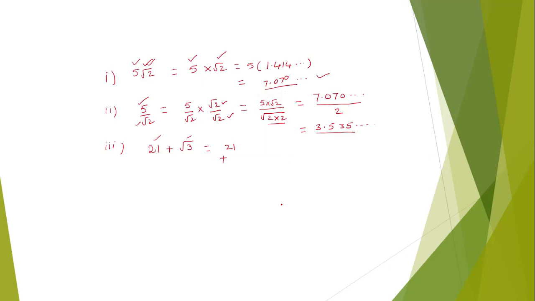Already we found it by the long division method in the previous video: 1.732 etc. Now observe here, 21 plus 1 means 22, so 22.732 etc. Then what do you say? This is an irrational number. That means a rational plus an irrational gives us an irrational.